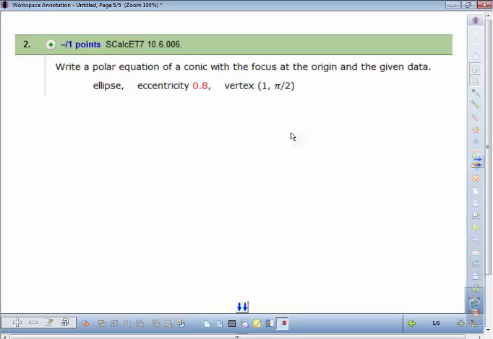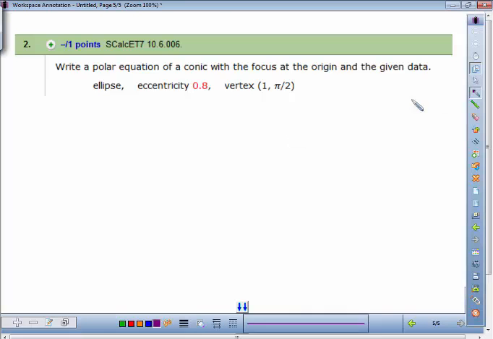And then we want a vertex at 1 comma pi over 2. So you have to be careful about reading this. 1 comma pi over 2 looks like a weird point somewhere, but it's given in polar form. So this is an r and theta value instead of an x and a y.